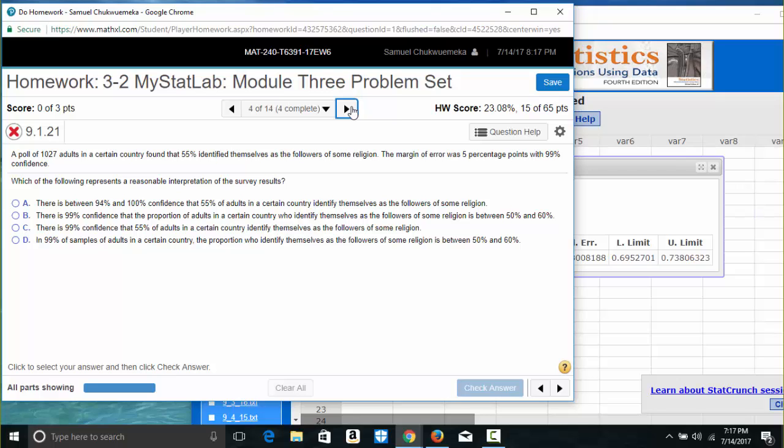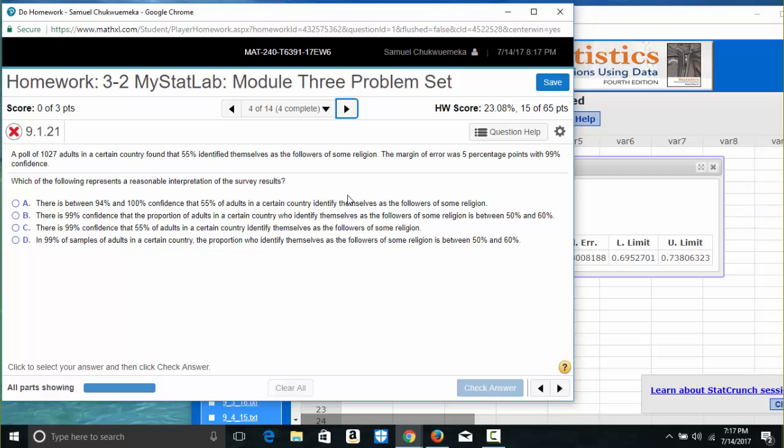You can go on my website and read the notes on interpreting confidence levels. Under the notes section in statistics, you can do that. I gave several examples interpreting confidence levels. In this one, we are 99% confident that here we can find the lower bound and the upper bound.